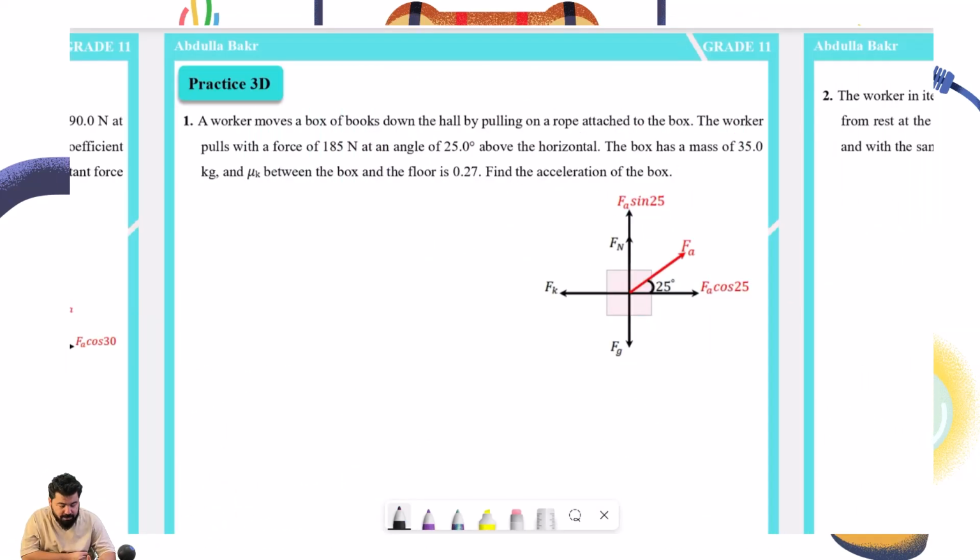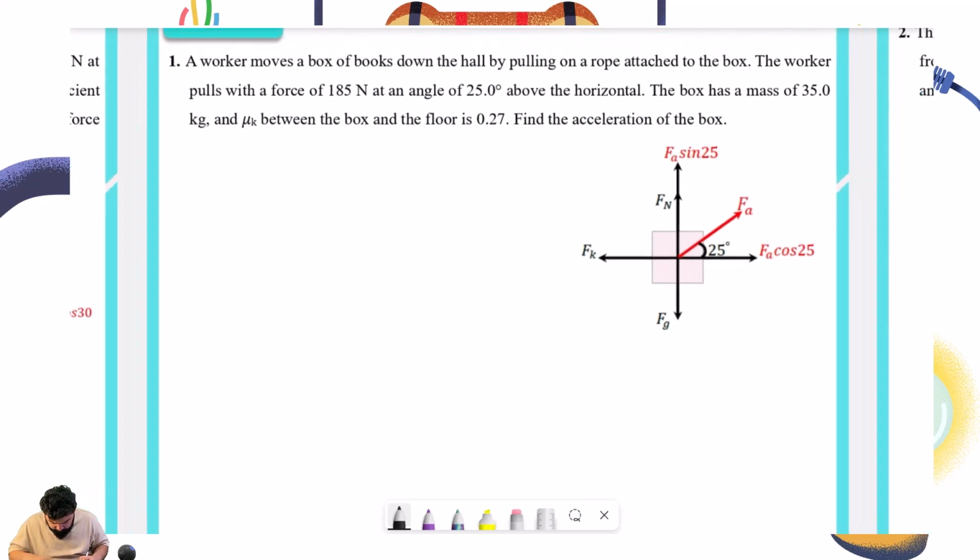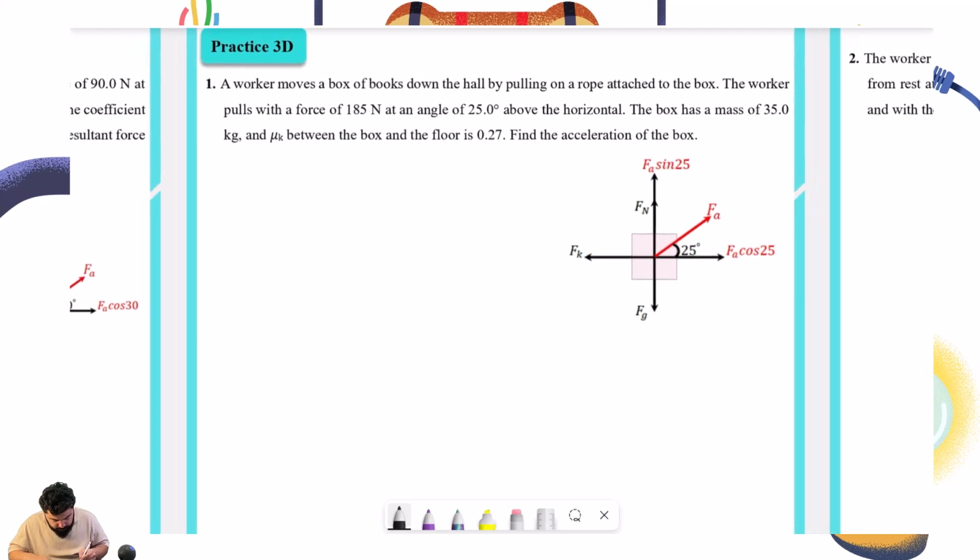So question 1 says, a worker moves a box of books down the hall by pulling on a rod attached to the box. Before I analyze it into different components, I'm going to draw this for you.